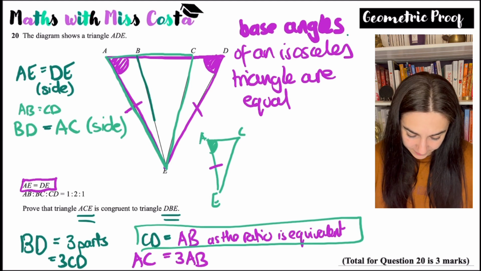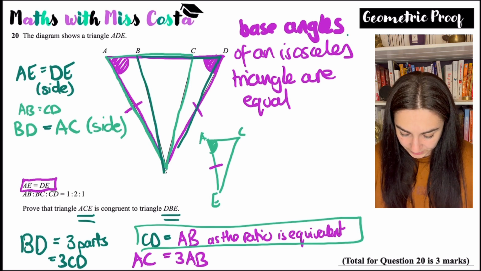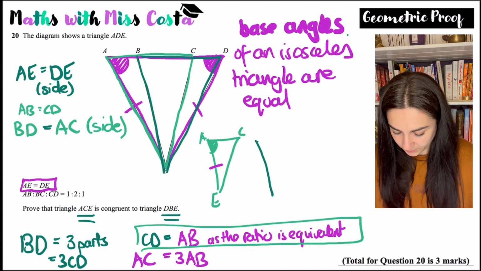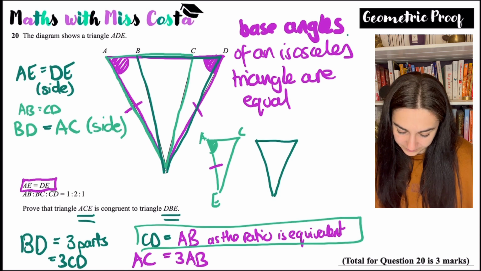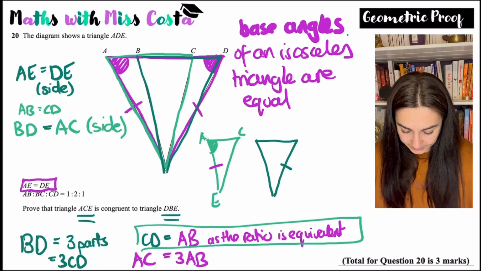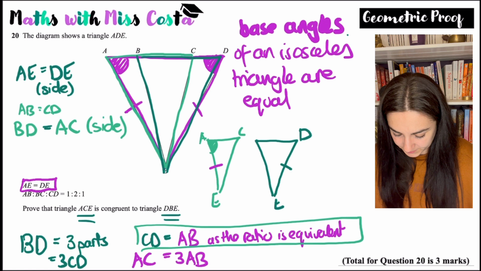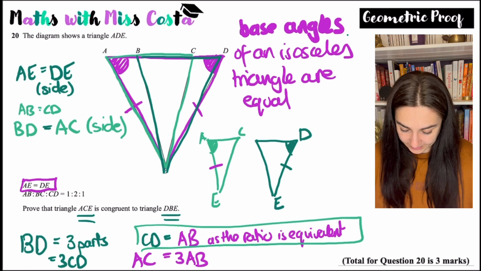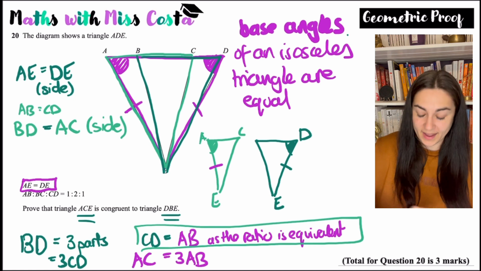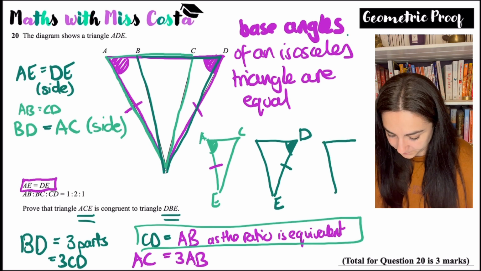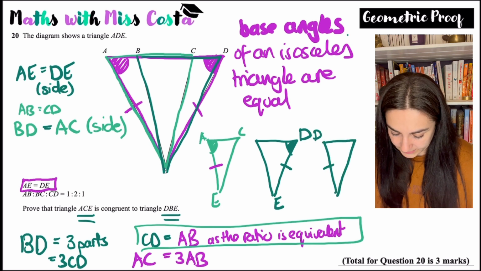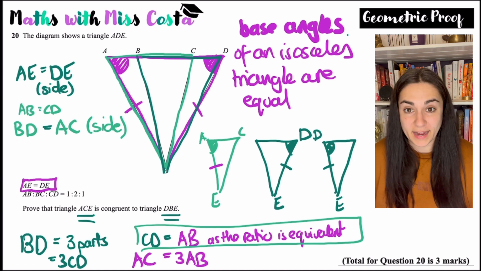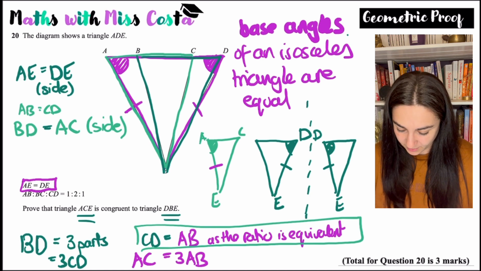So let's do the same for this triangle just to show you what's happening. So this one looks like that, and it's this side. So AE corresponds to DE and it's this angle here that is equal. So if you flipped that triangle, DE would be here, and it looks exactly like my angle ACE. So I've just imagined I've reflected it in a mirror.